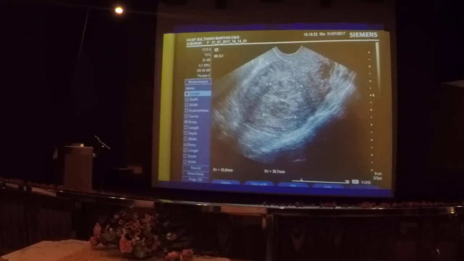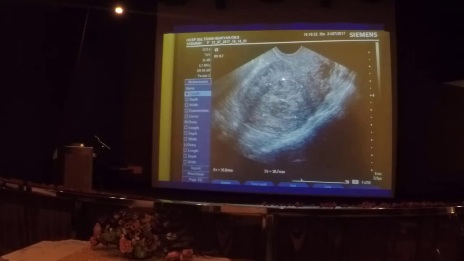So this slide is basically to illustrate how important the history is. You cannot interpret the scan finding solely based on the image. So this patient basically had a prior molar pregnancy and then developed invasive mole, treated with chemotherapy.